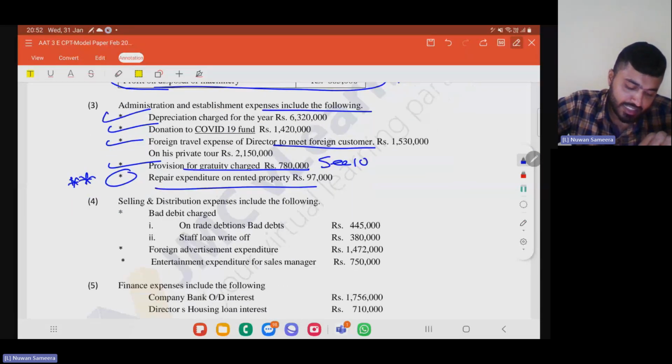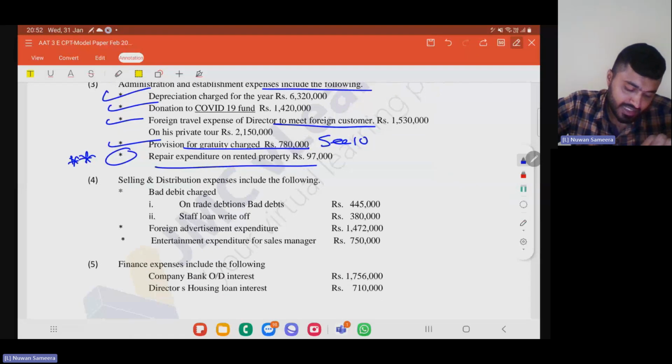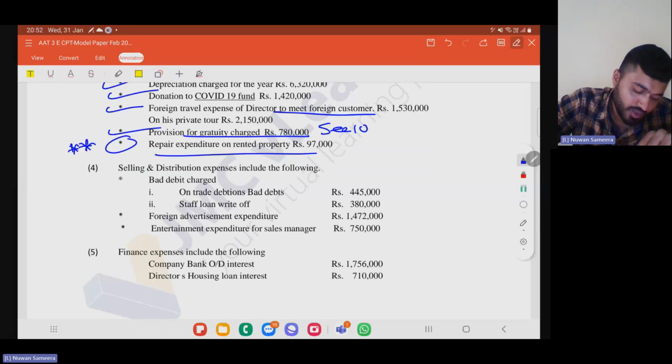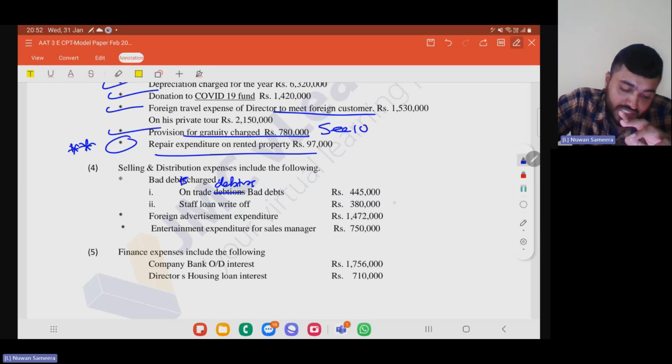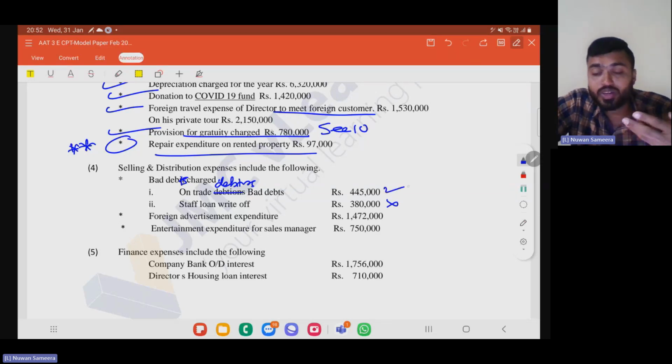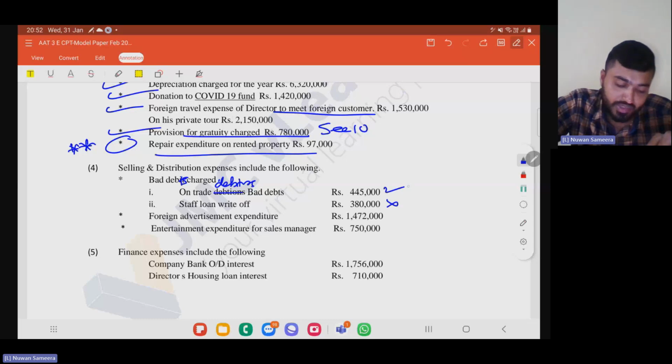So the selling and distribution expenses, the bad debts charge, but not bad debits. It's the bad debts charge on trade debts. It should be trade debtors, bad debts, and the staff loan write-off. The staff loan write-off is not allowed, but the actual bad debt is allowed if they have already taken reasonable action to recover it.